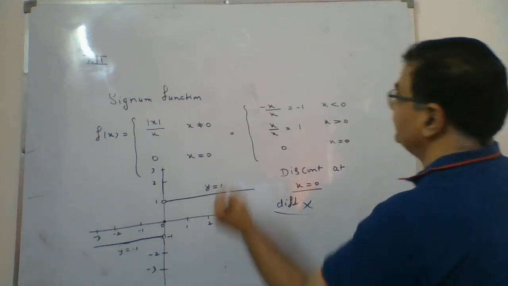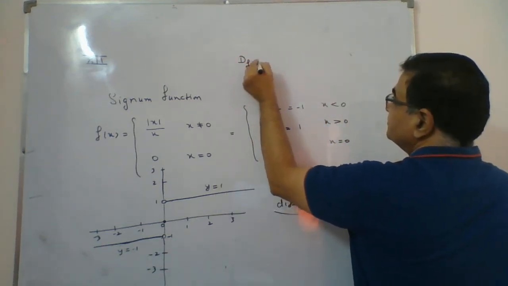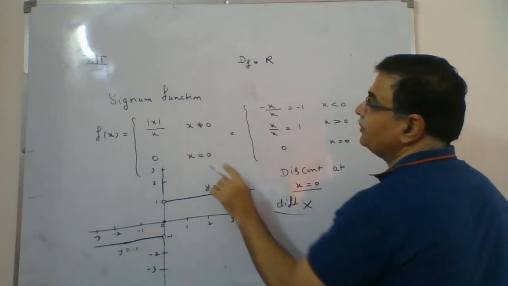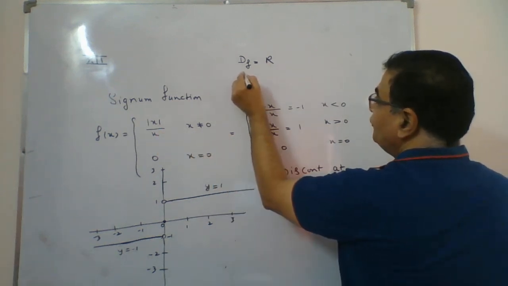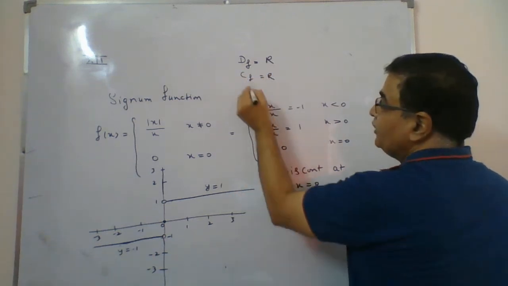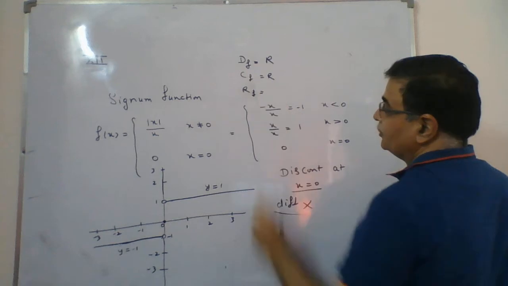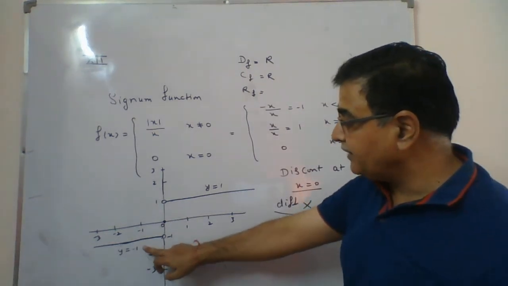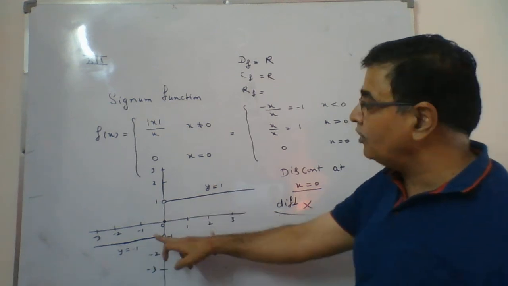What is the domain of this function? Domain will be all the real numbers, because at non-zero values it is defined, and at 0 it is defined. The codomain is all the real numbers. But for the range of the function, we have only three answers: either minus 1, 1, or 0.